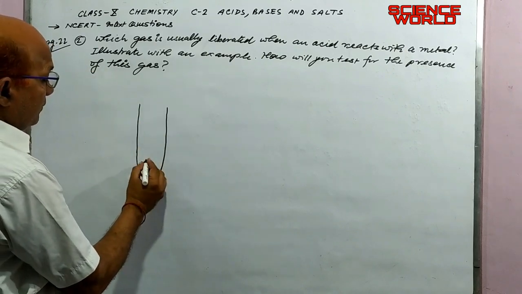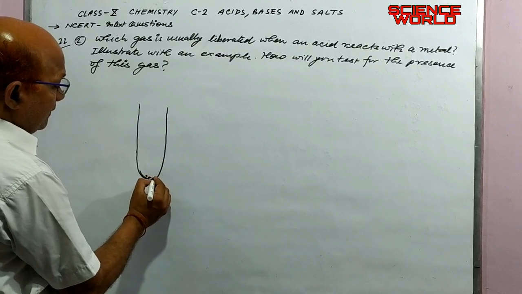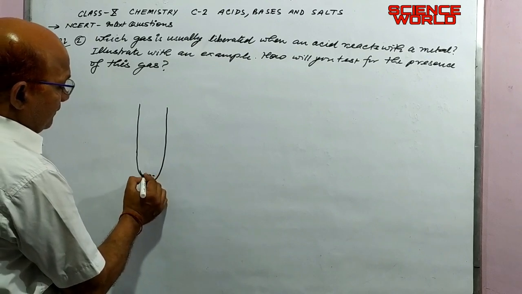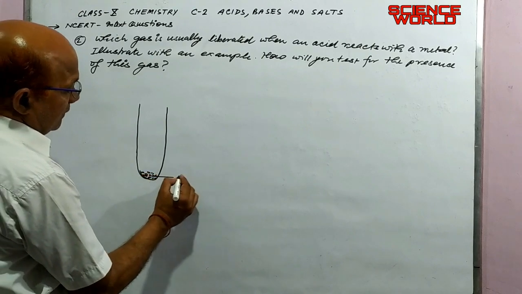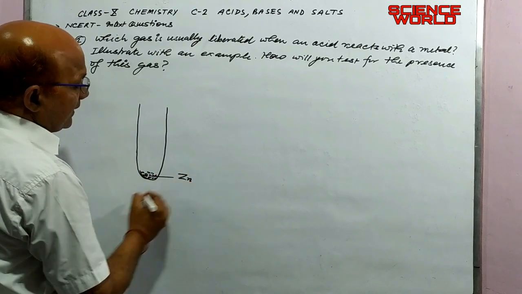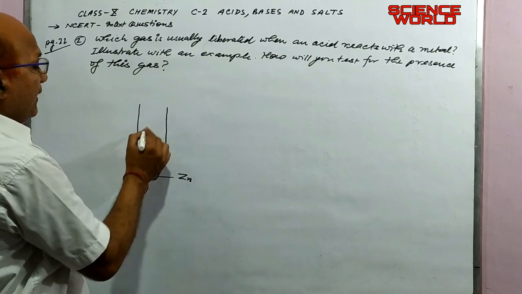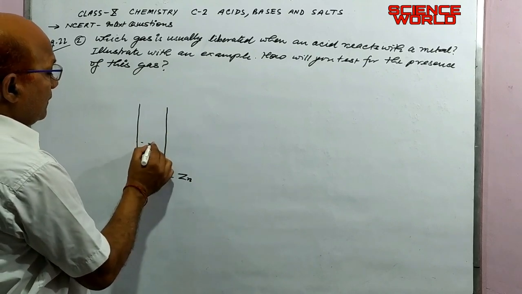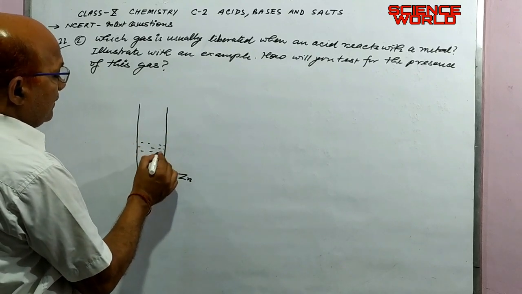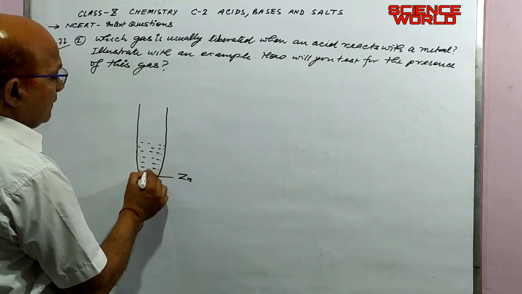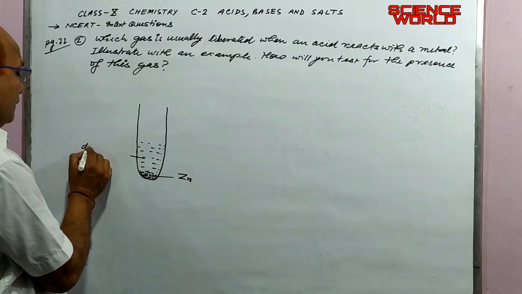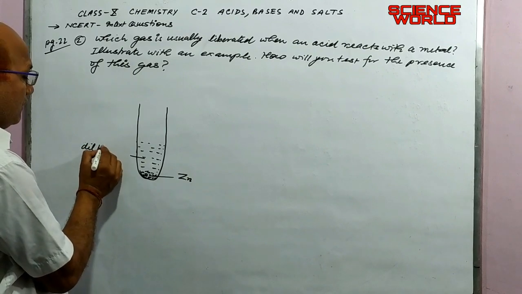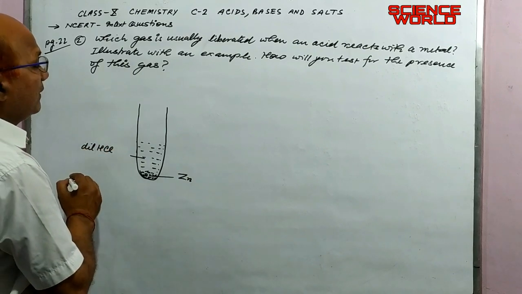In a test tube, we take a few pieces of zinc granules. These are zinc granules, and add 2 ml dilute hydrochloric acid.